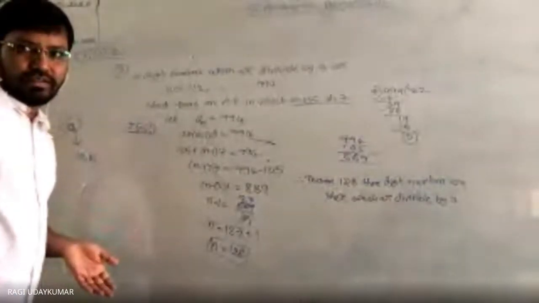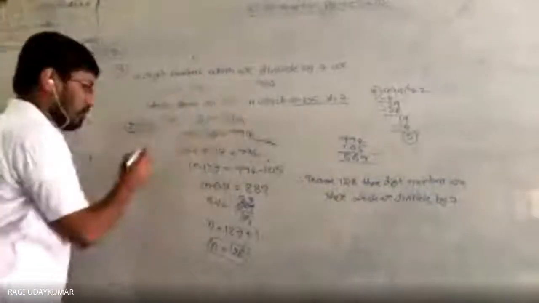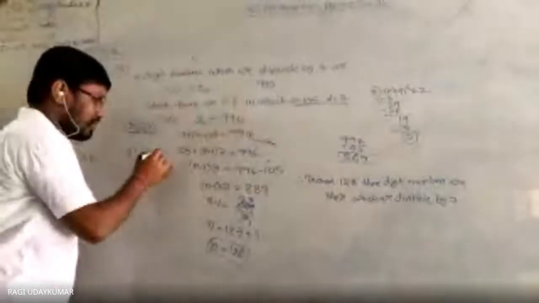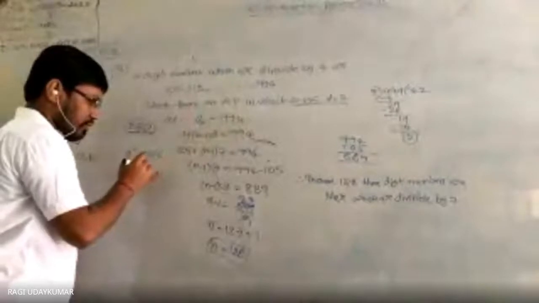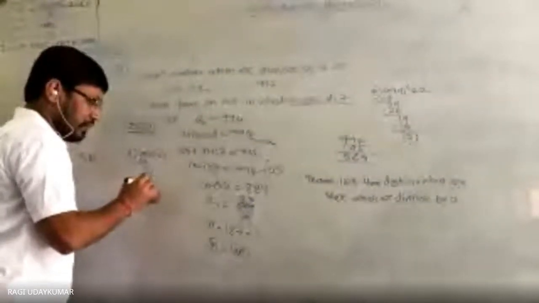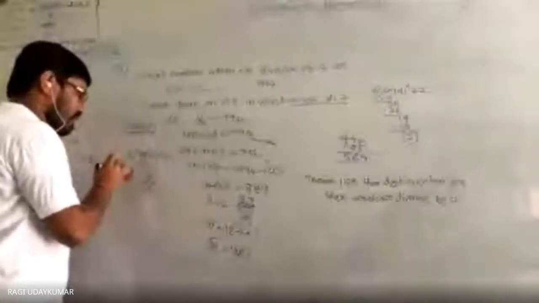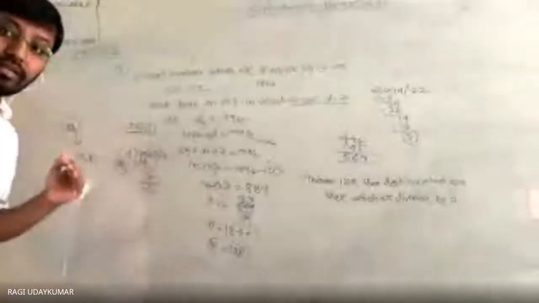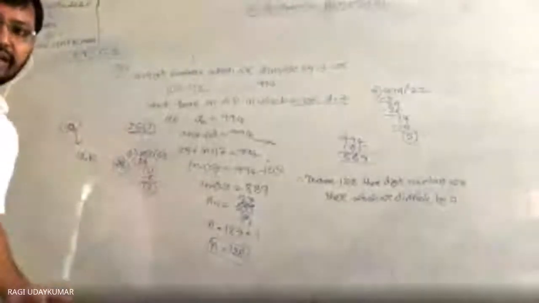How do you check? Simple: divide 250 by 4. 4 6s are 24, 10 comes, 4 2s are 8. How much will you get? 2 is the remainder. Subtract 2, so 248. So 248 is the largest number, and it is a multiple of 4.